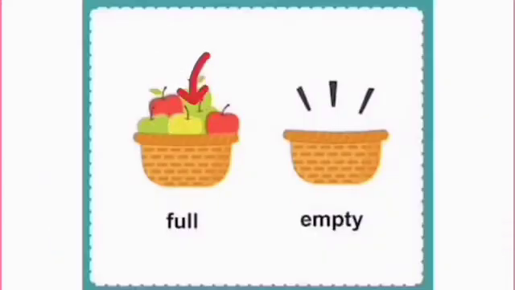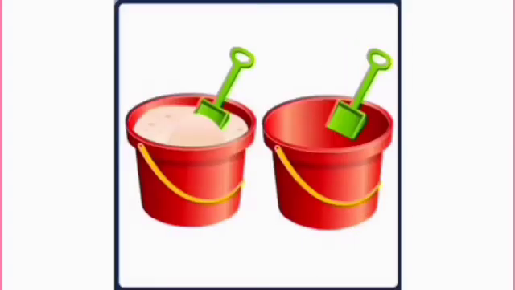This tub contains popcorn in it, so it is full, and this is empty. This basket contains apples in it, so it is full, and this is empty basket. This bucket contains sand in it, so it is full.